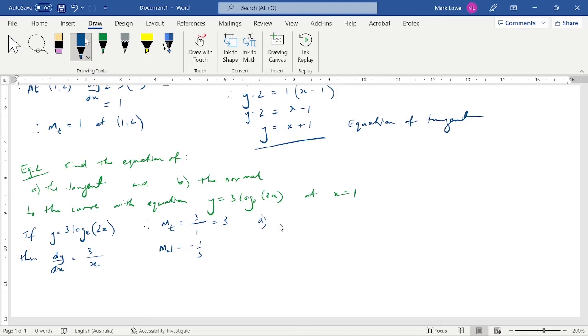Now the other thing we need to do is we've only got an x coordinate, so we need to find the y coordinate in order to get our equation of either the tangent or the normal. So if x equals 1, then y will equal, we go back to our original equation, 3 log 2.